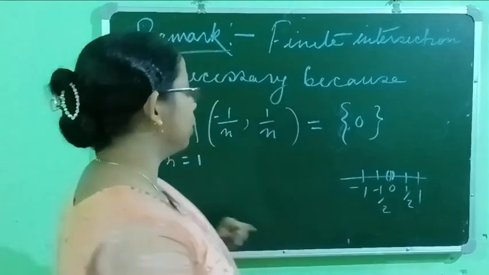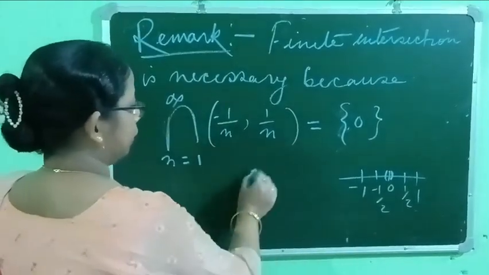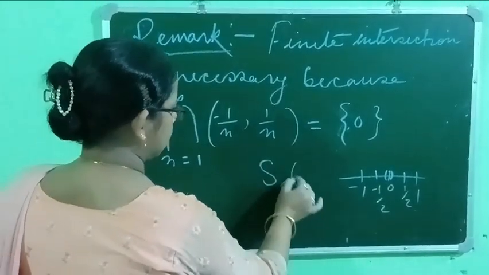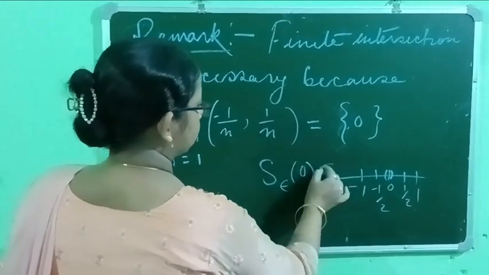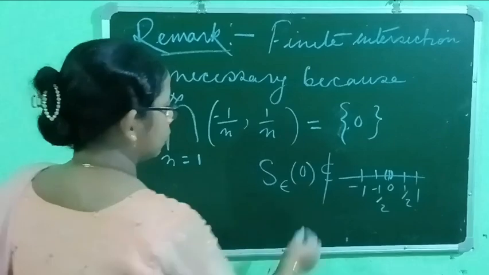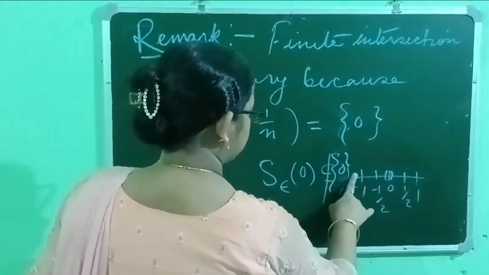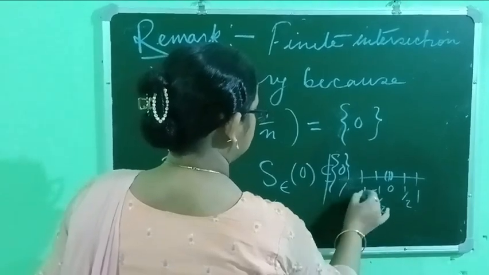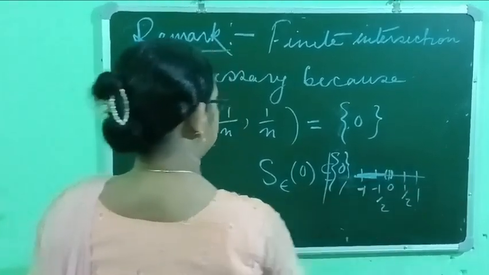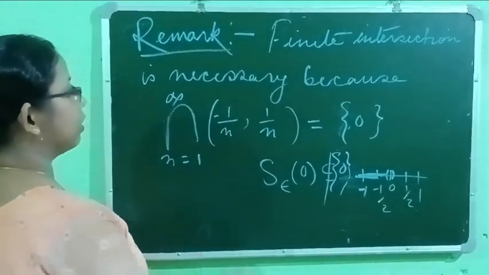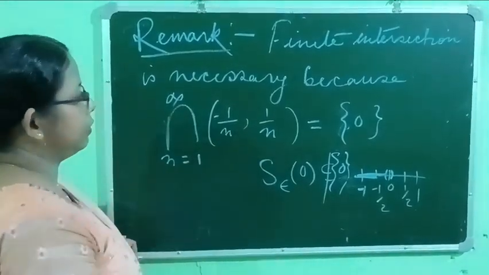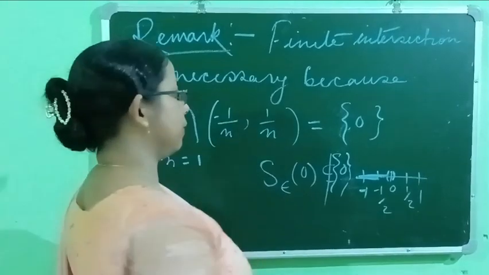With 0 as center, if I draw an open sphere S_epsilon(0), that will not be contained in this set {0}. Therefore, finite intersection is necessary.